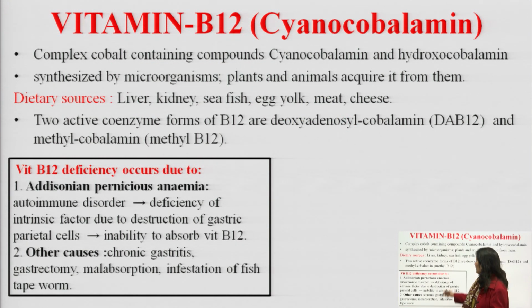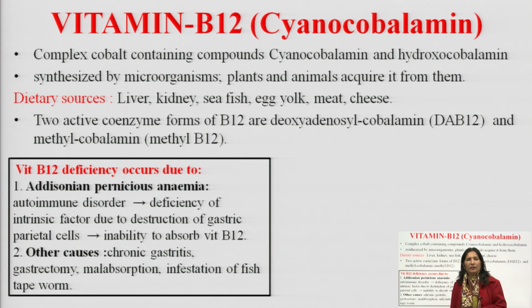First is vitamin B12, which is also known as cyanocobalamin. It is a complex cobalt containing compound, cyanocobalamin and hydroxycobalamin. It is synthesized by microorganisms. Plants and animals acquire it from the microorganisms.